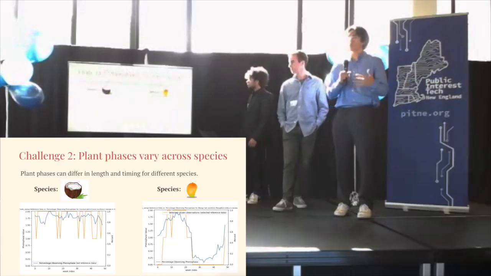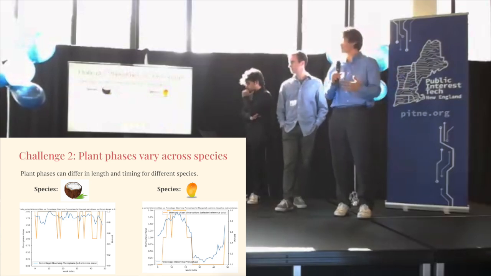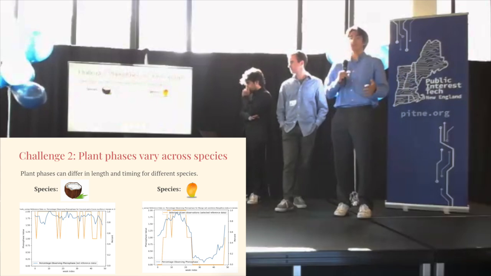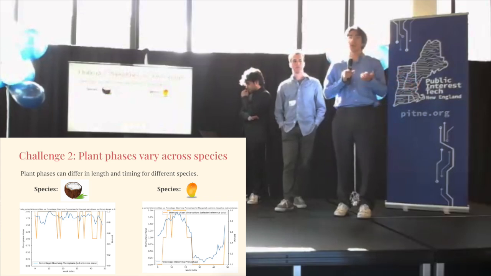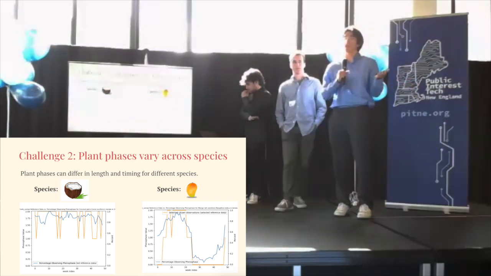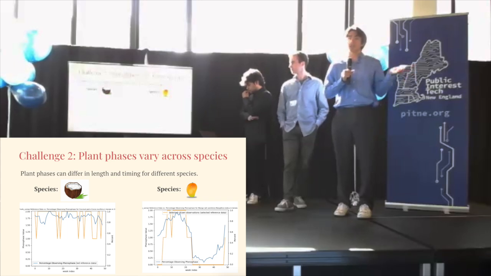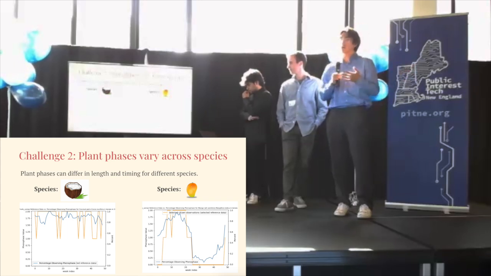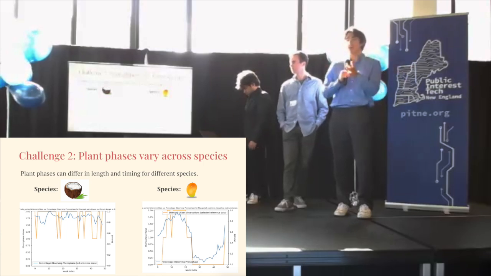Another challenge is that we're focused on finding those transition times for these plant phases, and these phases vary across different species. If we think about coconuts, for example, coconuts can bear fruit in India throughout the entire year. It could be May, and they're bearing fruit, it could be December. So how do we find when they start and when they stop bearing fruit?